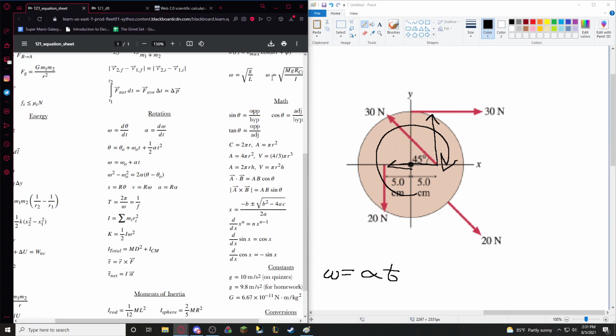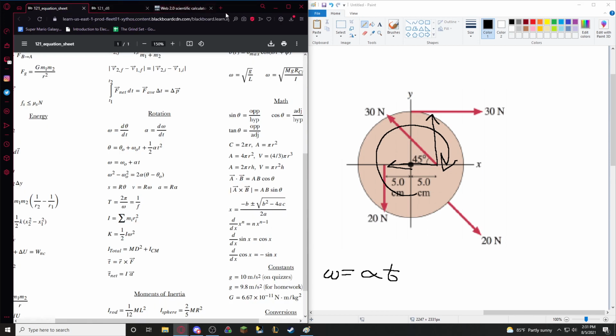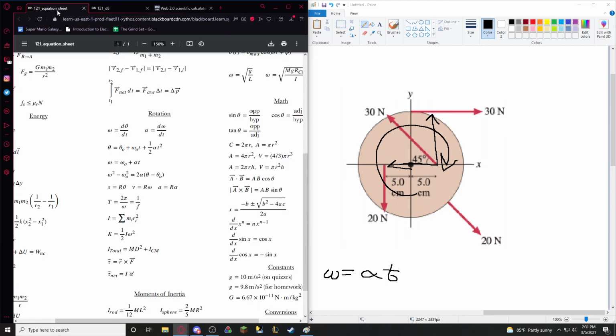Yep, exactly. Then we could use that acceleration in the same equation we used before, except the previous velocity we found would be our initial and our final would be 0. Yep, exactly.